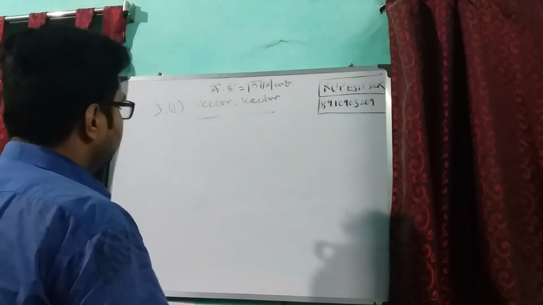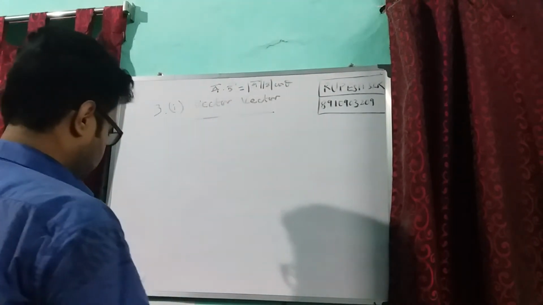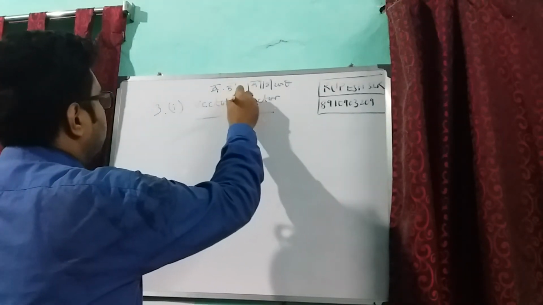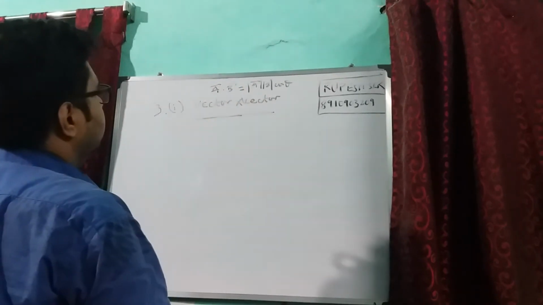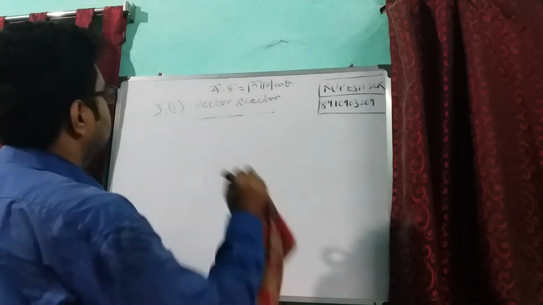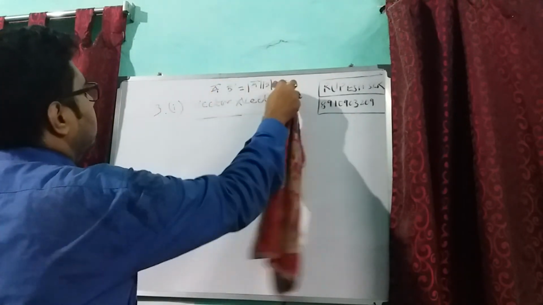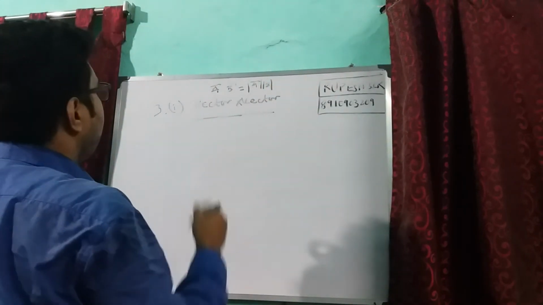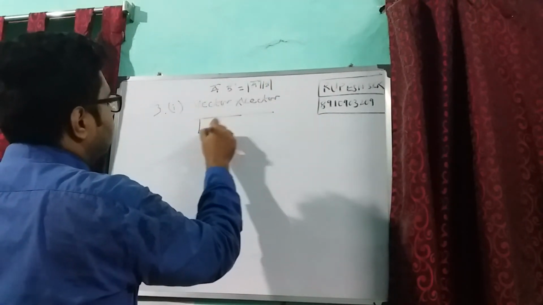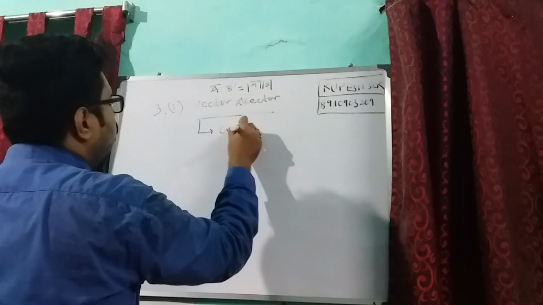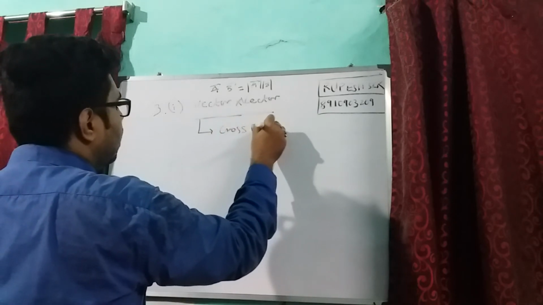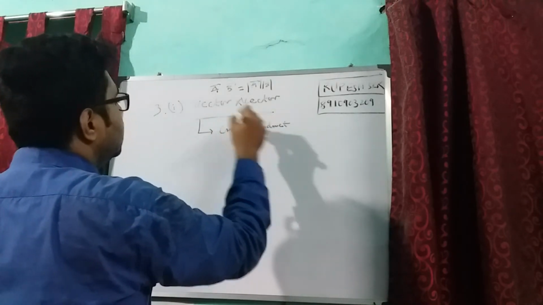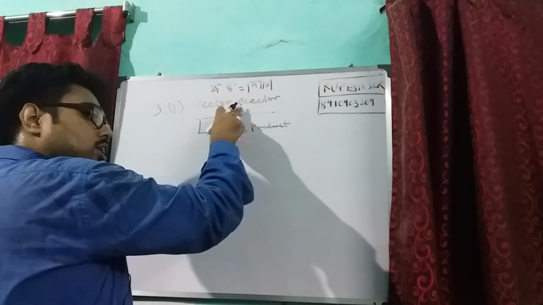Now we'll be having vector cross vector. It is known as cross product since we use here this cross sign.